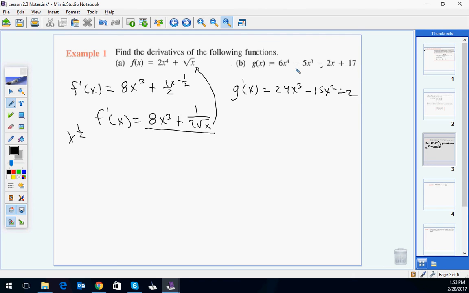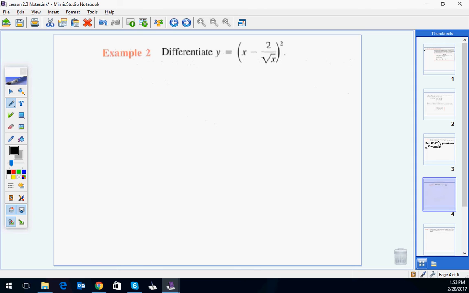Okay. So how about this one? You're going to learn the chain rule later, which we will use for this. But since you don't know the chain rule, what would you do with this to try to make it easier? We'd like to have it in pieces, right?